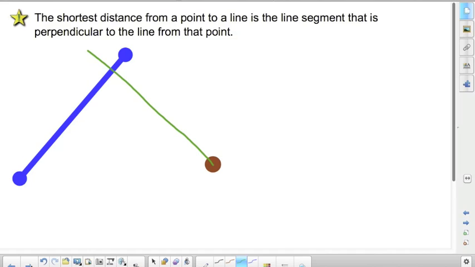If we can make this a right angle here, that is the shortest distance. That is from this point on a blue line to a red dot, whatever this length is, L, this is the shortest distance.